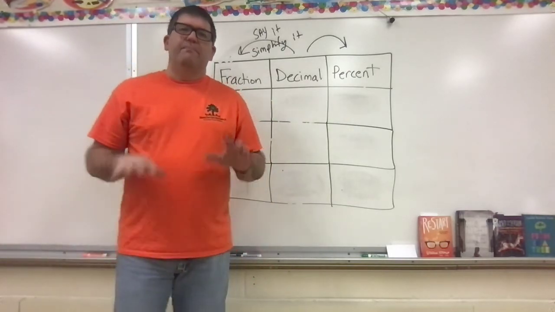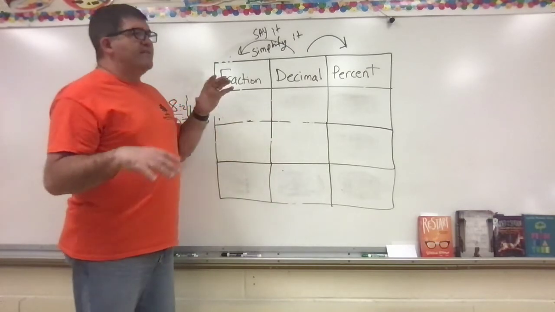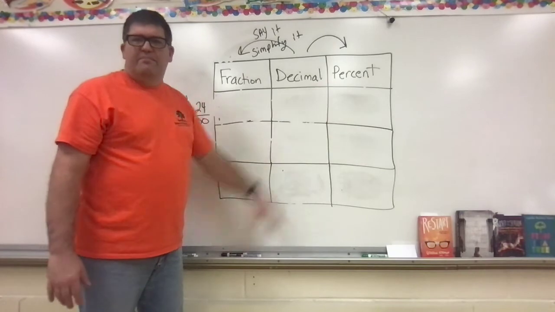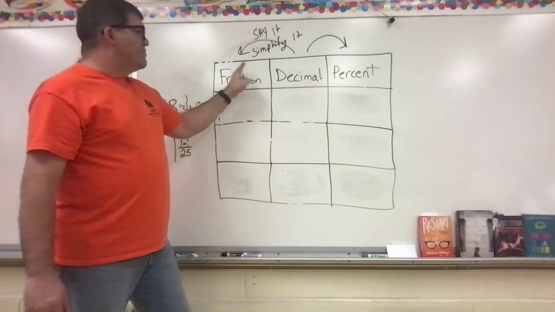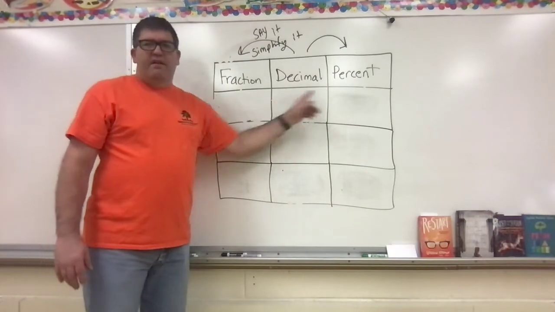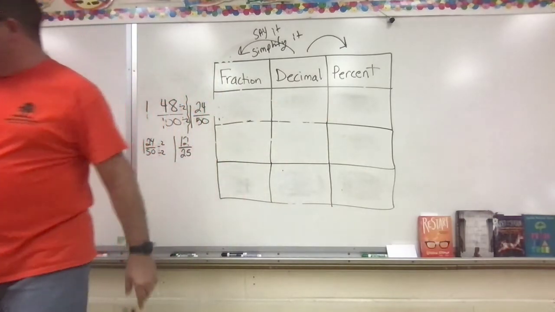Okay, I think that's the simplest I can give you to be able to find a fraction, a decimal, a percent. If you have one of them, you can get the other two.